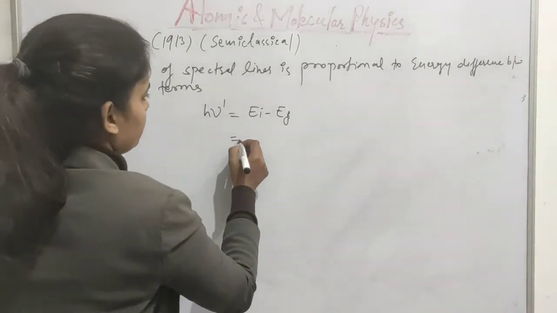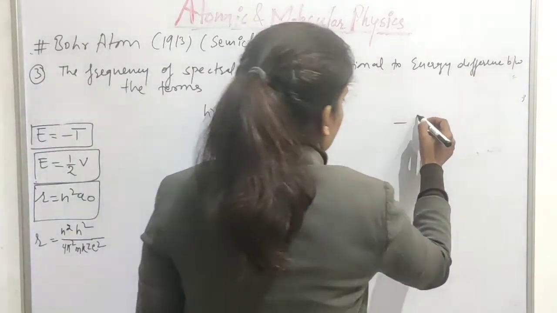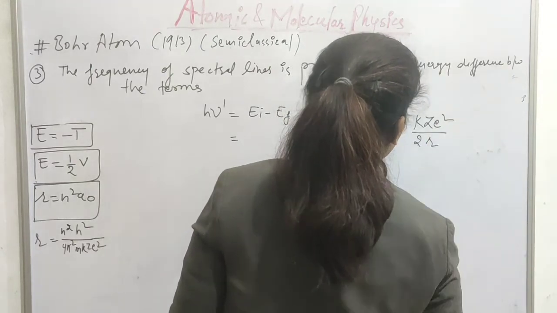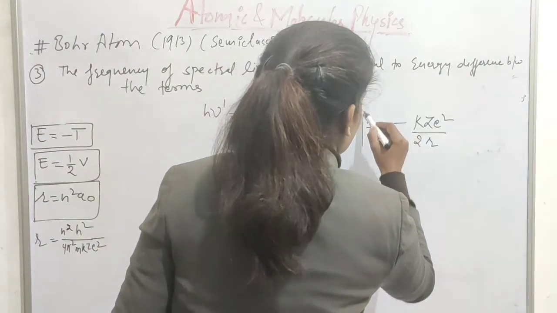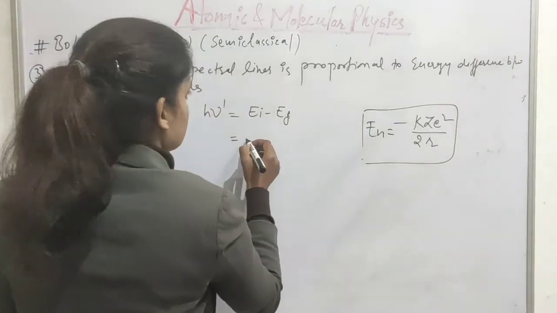You know that the value of energy was, if you remember, minus of k Z e square by 2R. So this was the value of energy we have calculated from the first postulate.